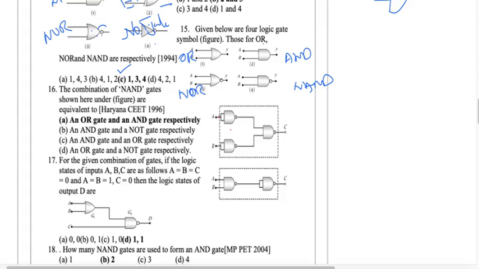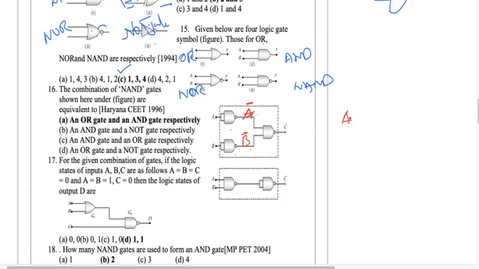Both inputs are shorted here, so this you can write as A bar, and this one you can write as B bar. As both the inputs are shorted here and you have a bubble here, that is why it is called A bar. Same goes with this one, which is B bar.